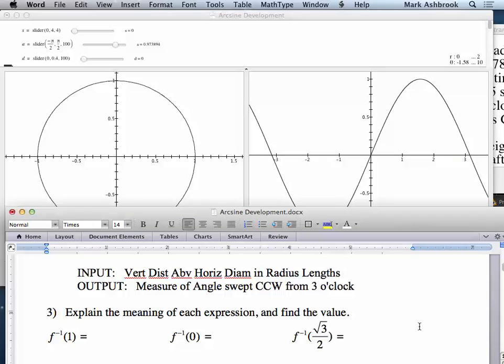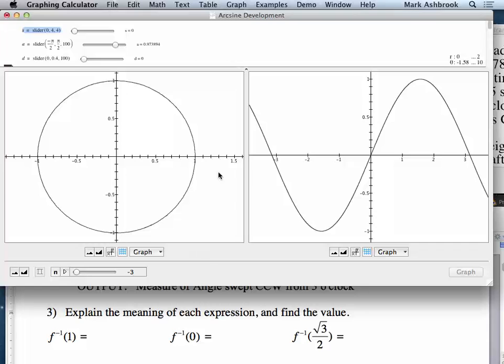Okay, so here we go. Explain the meaning of each expression and find the value.